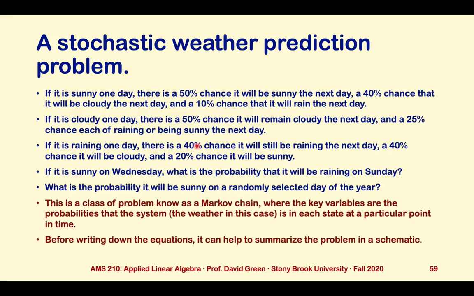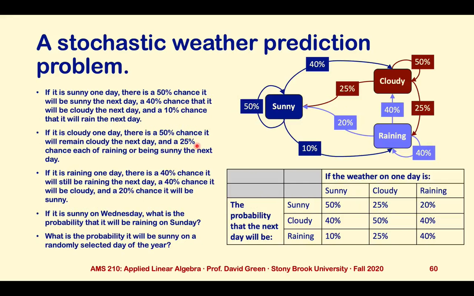These kinds of stochastic processes, Markov processes, are often most easily understood by writing a schematic, kind of a cartoon that shows what the possible states are and what the probabilities are of moving from one state to another in a given step.